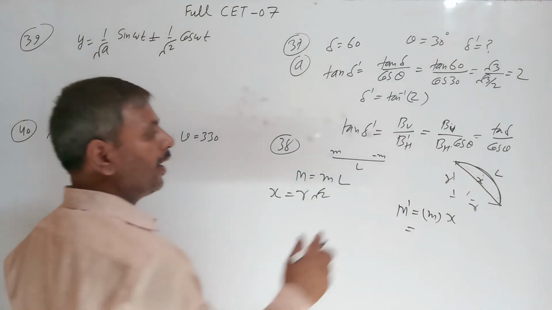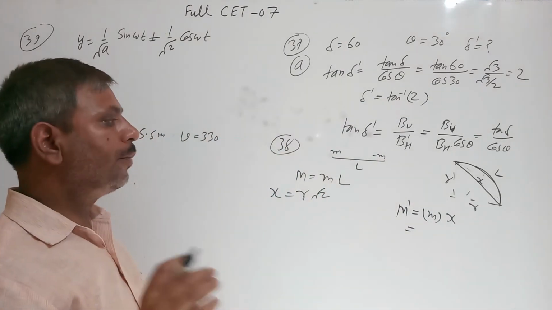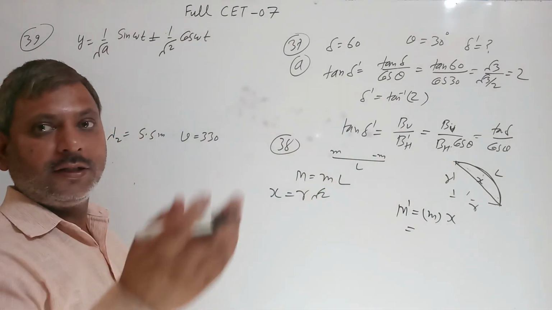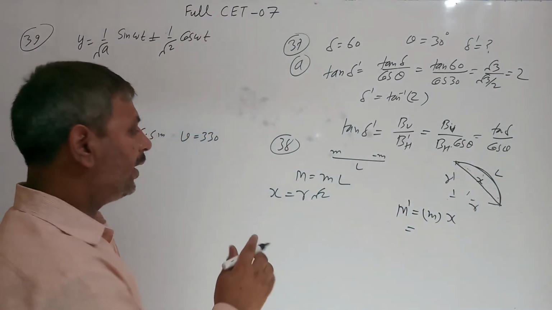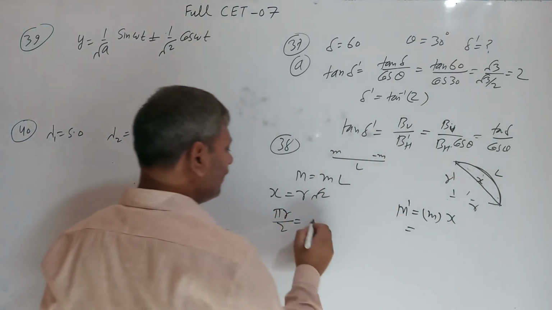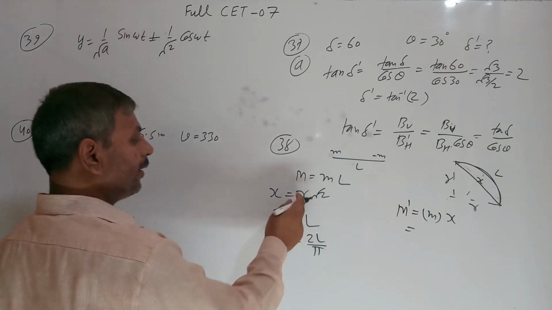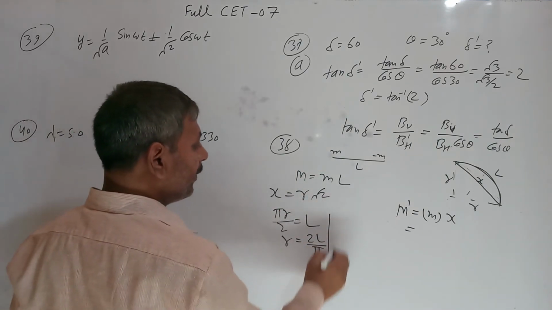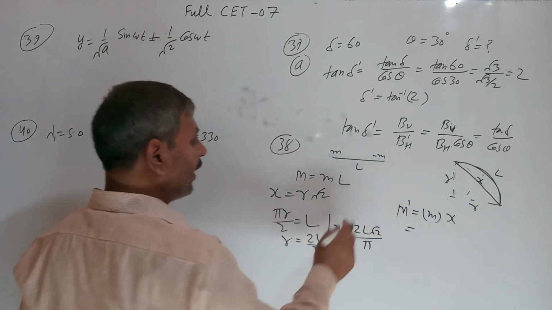The total circumference is 2 pi R, and the quadrant is pi R by 2, which is equal to this length L. So R is equal to 2L upon pi. Putting it here, X is equal to 2L root 2 upon pi.